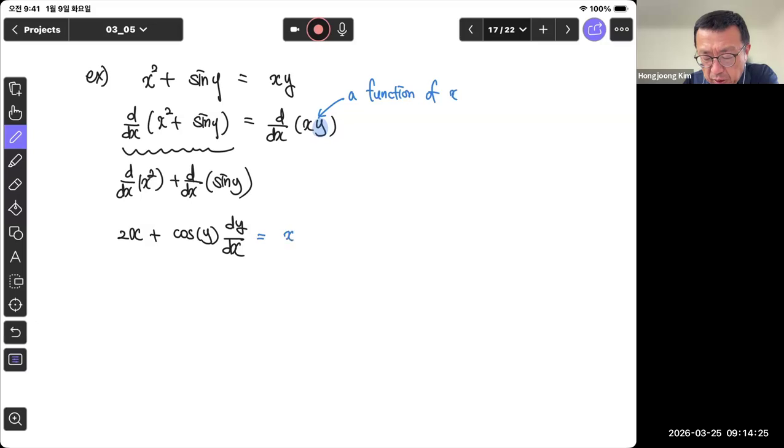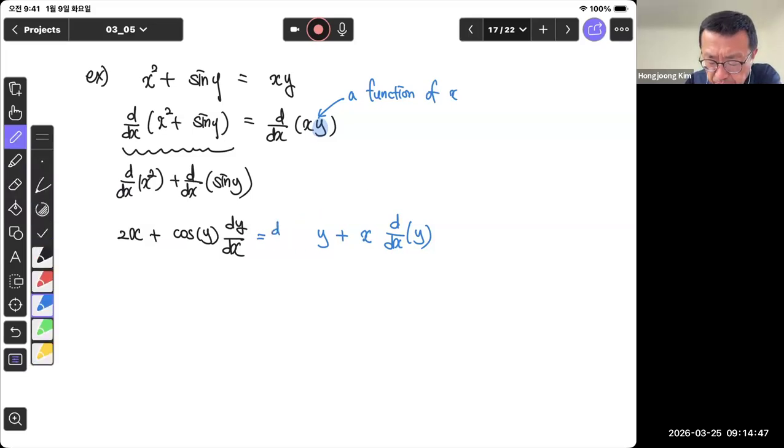You first differentiate x with respect to x, and then you multiply y unchanged. And then you keep this x as it is, and differentiate y with respect to x. So here, this prime denotes the differentiation of x with respect to x. The derivative of x is 1, so 1 times y will be y. And then the next term is x times dy dx.